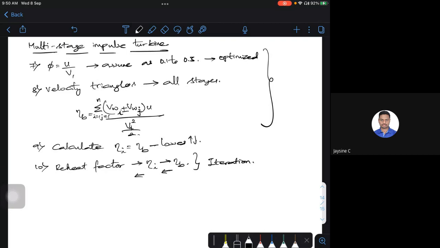That will have an impact on your blade efficiency. Your VWs will become smaller and smaller, and your V1 or V2 also will become smaller and smaller, because there's a lot of friction involved in the actual expansion process. So all these numbers are going to change from a single stage to multiple stages. What I am trying to explain is the procedure they follow when designing it.